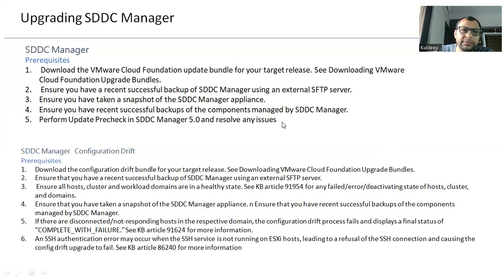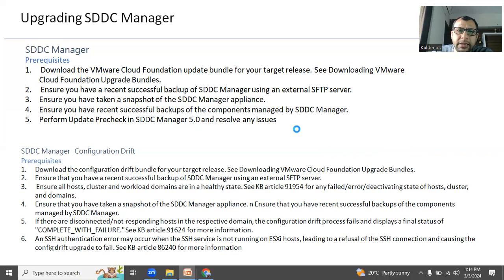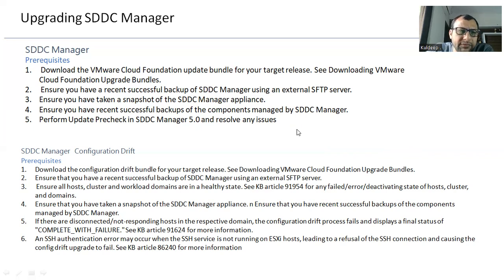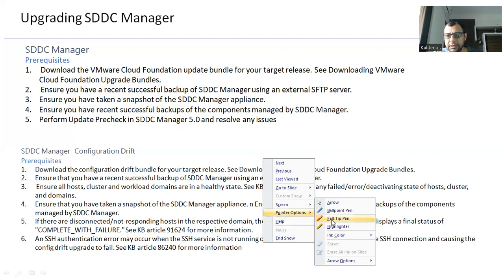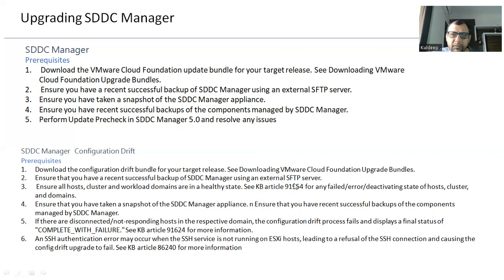Once you upgrade the SDDC Manager, you can go ahead with the SDDC Manager configuration drift. But again, you should follow the sequence and upgrade in order. What you have to do is ensure all the ESXi hosts are in a healthy state, because, as the KB article says, if you have a host in a failed or error state, it will not perform the configuration drift.